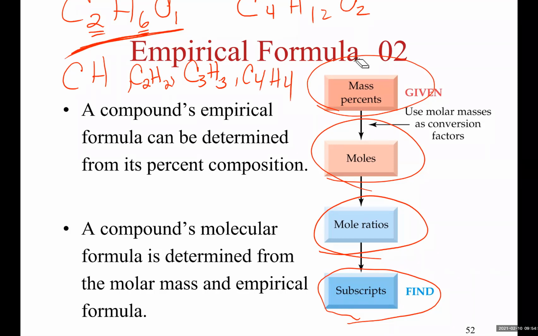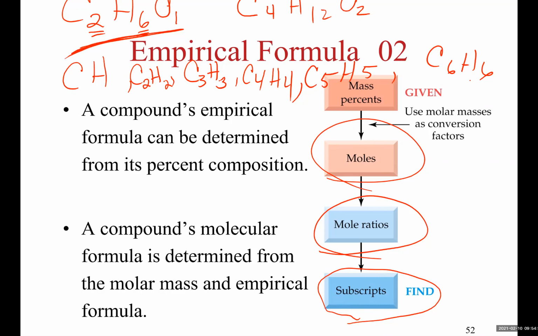Again, the ratio is 1 to 1. Or is it C5H5? Or is it C6H6? These are all possibilities. They all have a 1 to 1 ratio of carbon and hydrogen. So the empirical formula is CH, but which is the real structure?